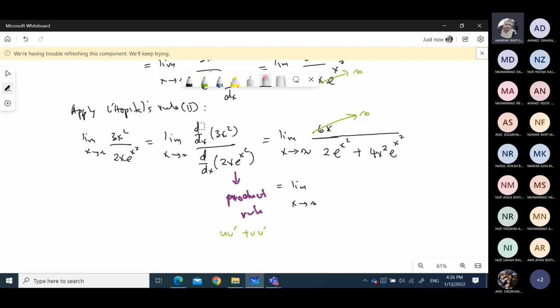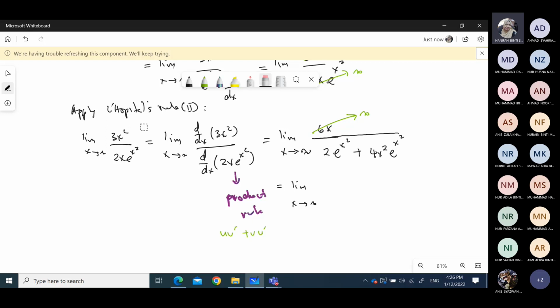Okay, good. Yes, we can simplify. If you don't simplify, it will become more complicated, and you would need to apply the product rule.